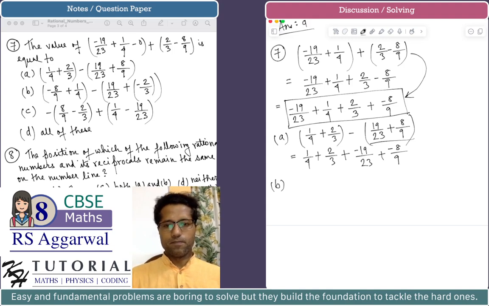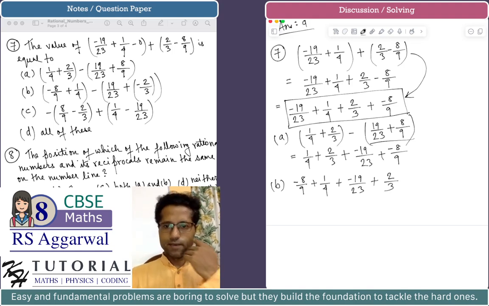Now what is B? If I open up the brackets, I will have minus 8 by 9 plus 1 by 4, and the second bracket, since it has a negative sign before it, the rational numbers inside will change their sign. So this will be minus 19 by 23 plus, minus 2 by 3, its sign will change, so it will become 2 by 3.